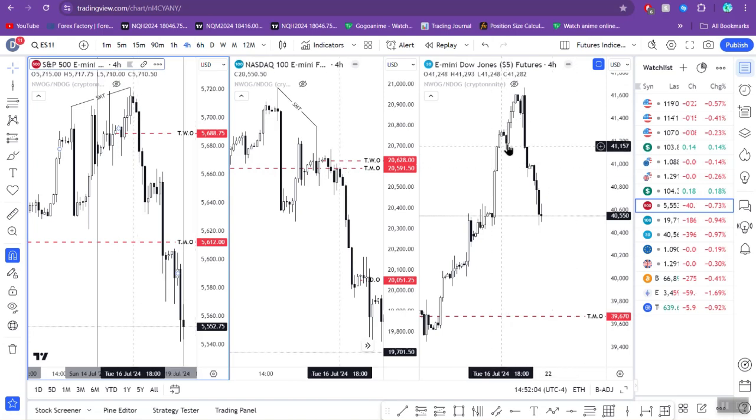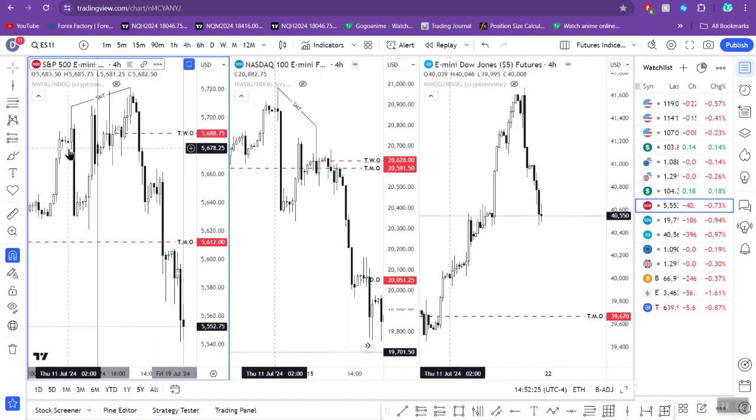Now, don't pay attention to Dow Jones, because Dow Jones is not in sync. Anytime you see that one of the assets is not in sync, don't pay attention to it, because it's going to give you false signals and you will incur losses. We can go into greater detail on something like this at another time, but we can pay attention to S&P 500 and NASDAQ because they're both moving together.